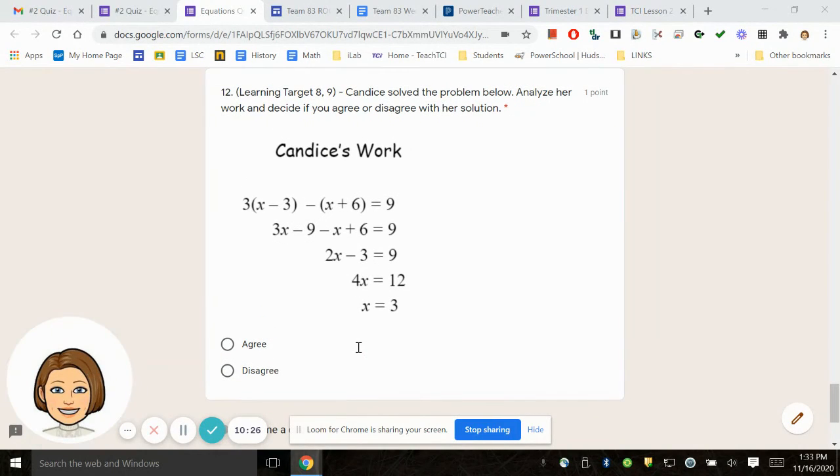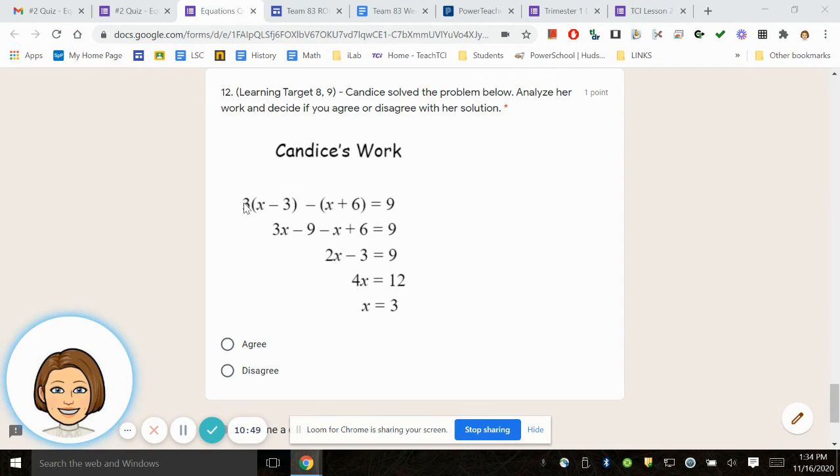This last question, it's agree or disagree, but you need to show your work on the work document. Candace solved the problem below. Analyze her work and decide if you agree or disagree with her solution. So here's the problem. 3 times the quantity of x minus 3 minus quantity x plus 6 equals 9.